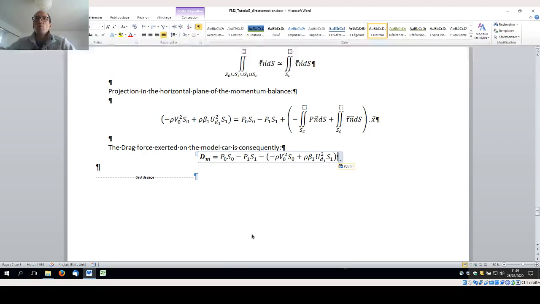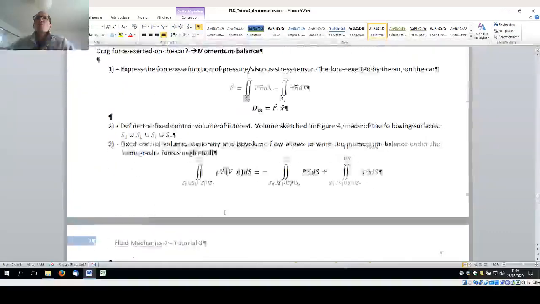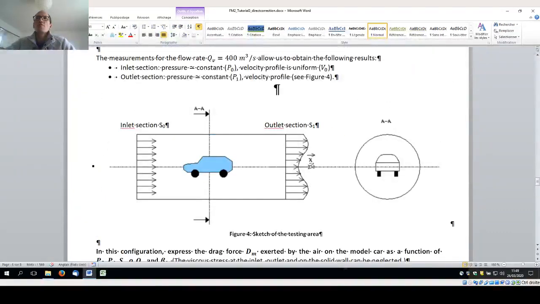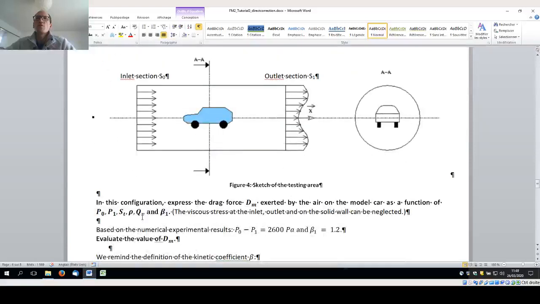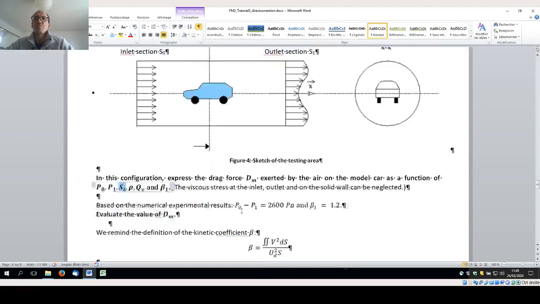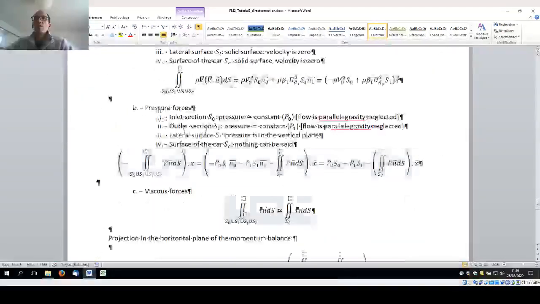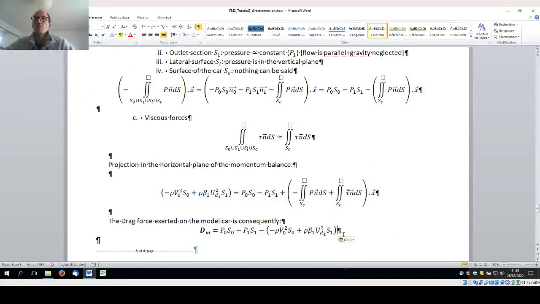And we are able to evaluate this drag easily. So I don't remember what we have. Yeah, S0 and S1 are probably the same. Yeah, this is what is referred as ST. I can just rewrite it slightly, because it's the same surface everywhere.